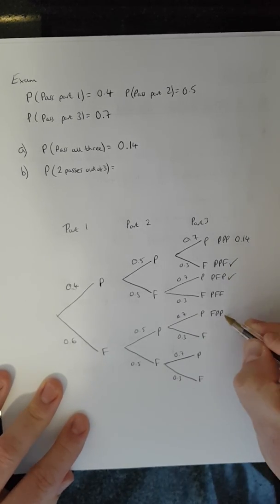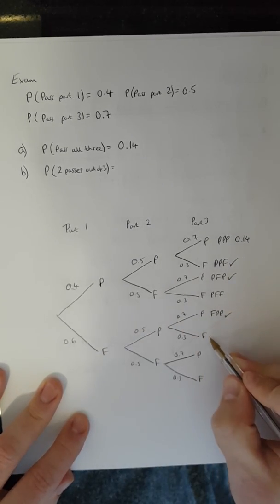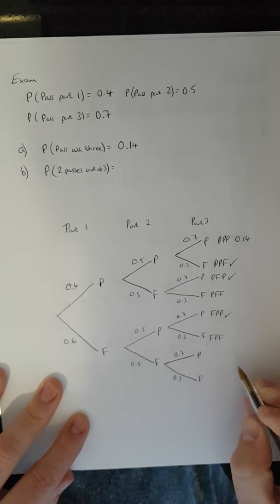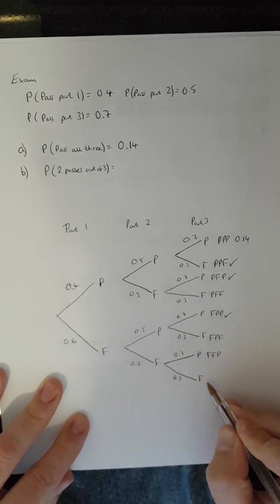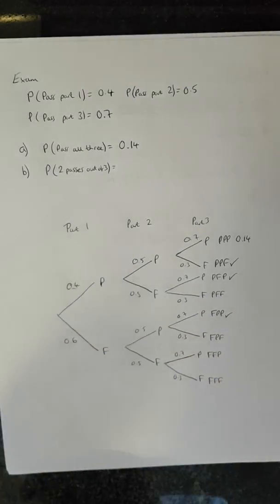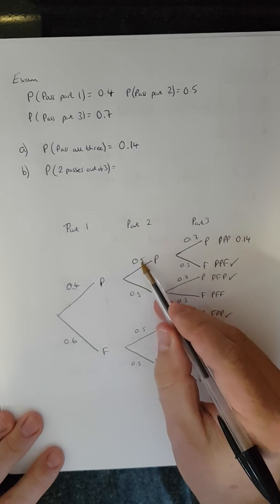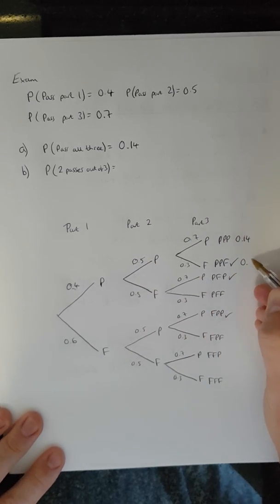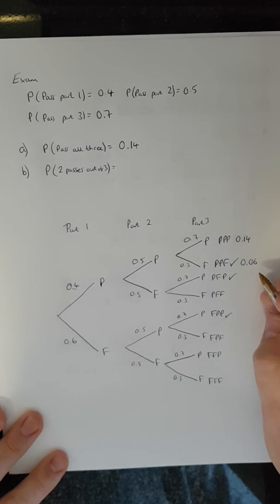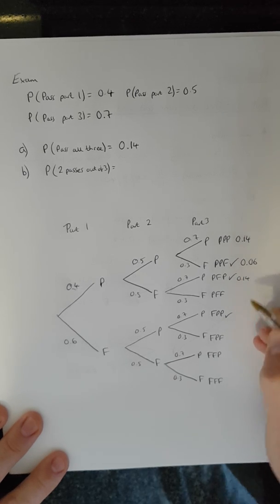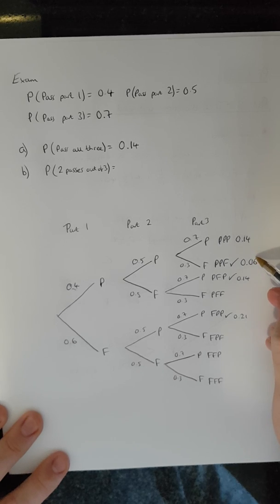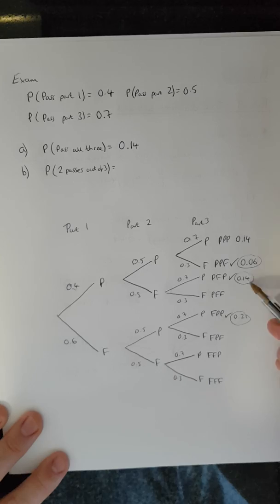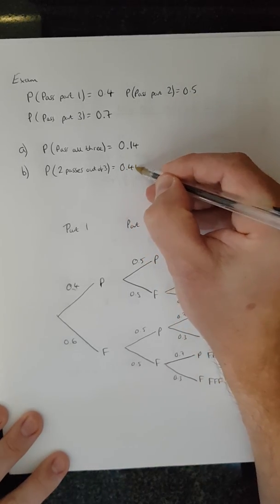I want this one, and this one for now. Fail, pass, fail. No use. 2 fails. Fail, fail, pass. And all 3 fails. So, multiply the pairs I need, and then combine those 3 results to get my probability. So it's 0.41.